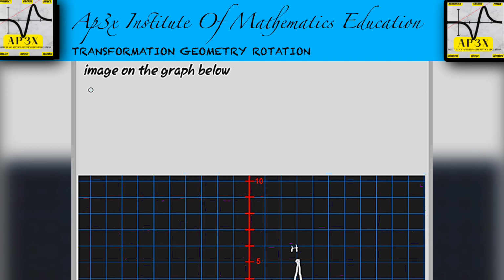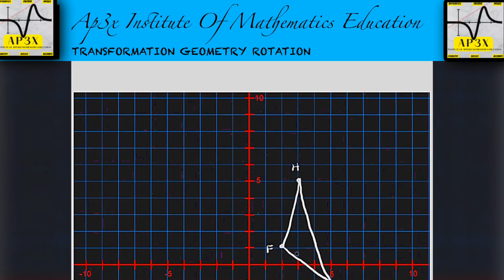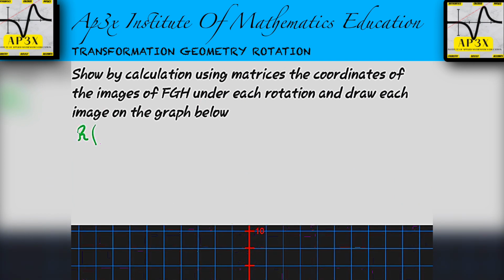So I'll note that R of, say here, the positions F, G, and H, I'm going to do all of them at once. So I'm going to rotate all the points at once. So the rotation matrix of, say here, (2, 1), (5, -1), and (3, 5).